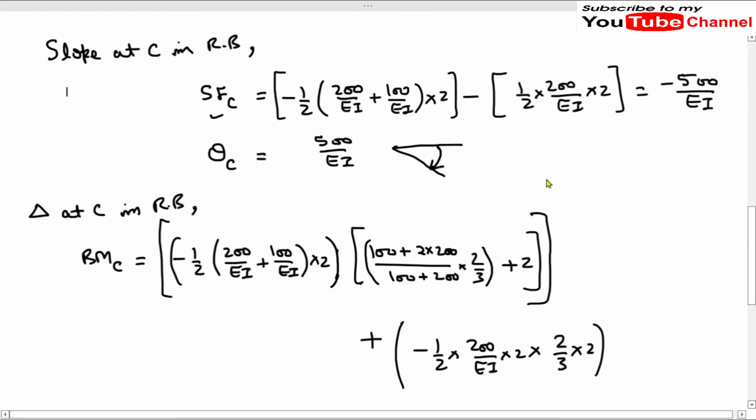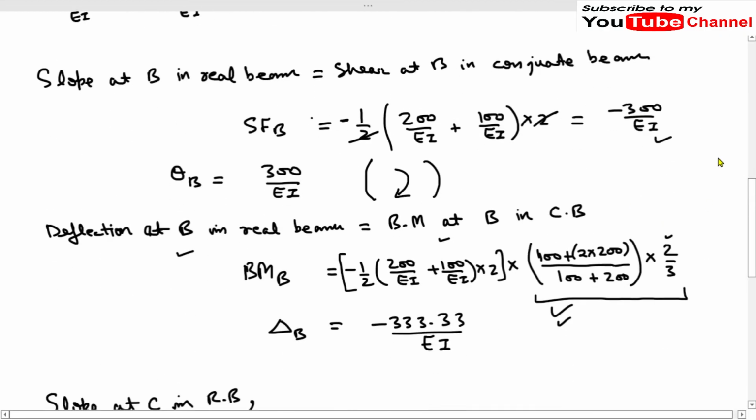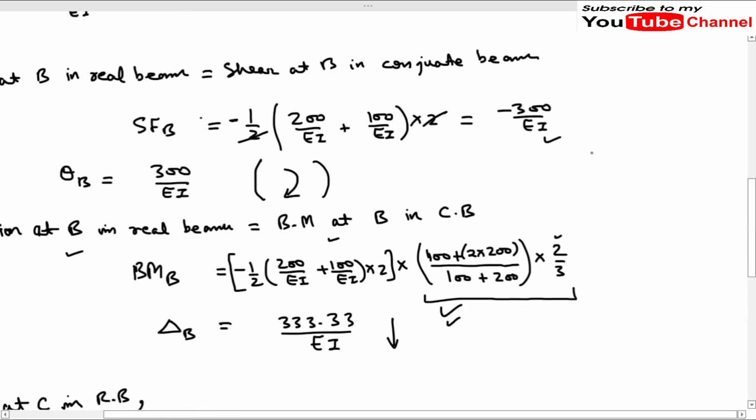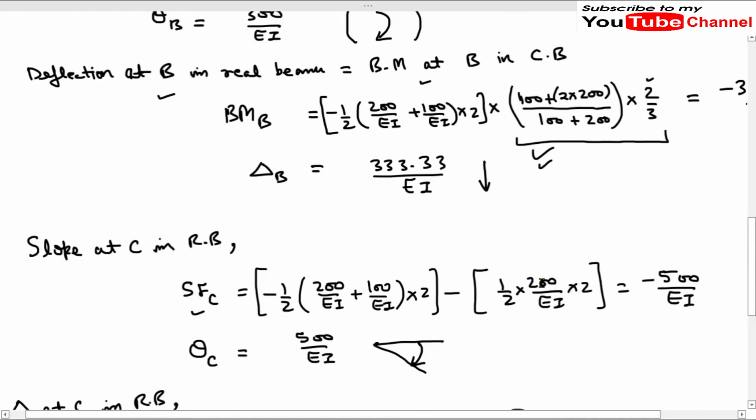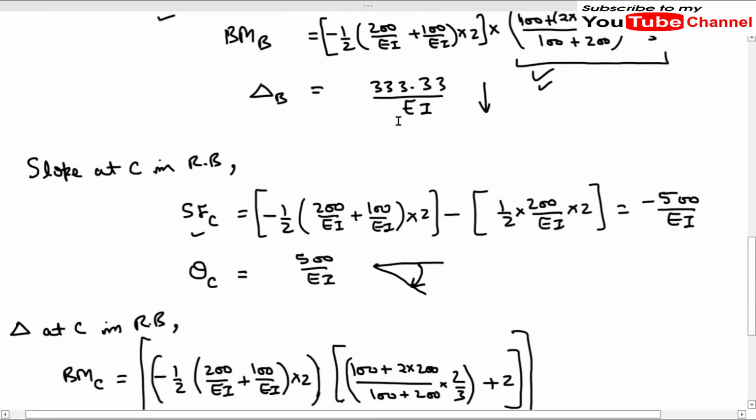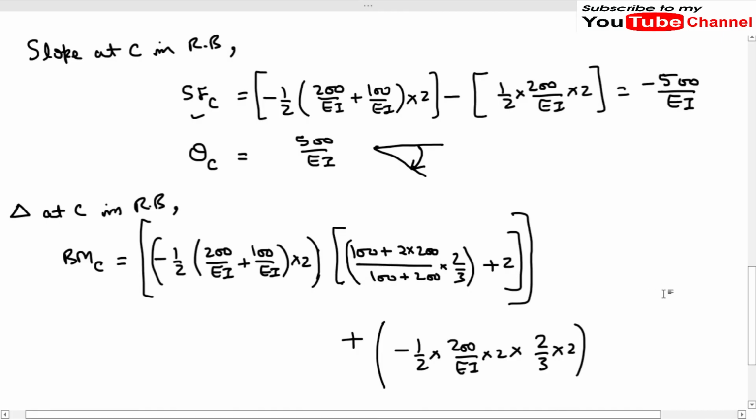Okay, so let us see what we got in our case. For point B, we have got a negative value of bending moment, which means that the deflection is downward. You can write the value here with sign, for better understanding, 333.33/EI.